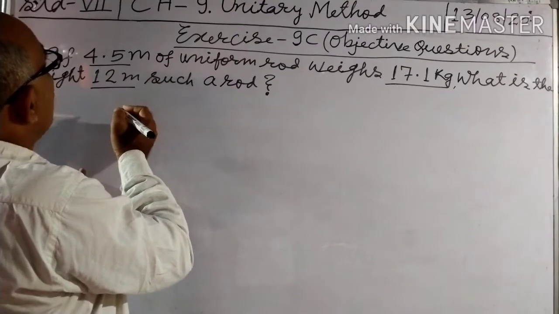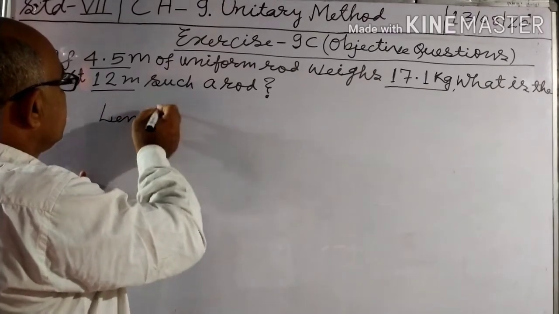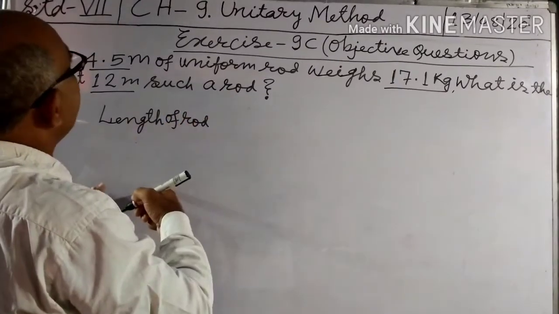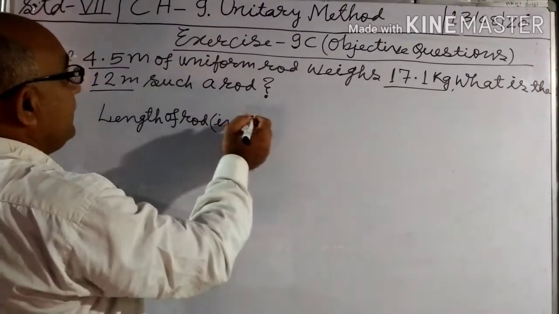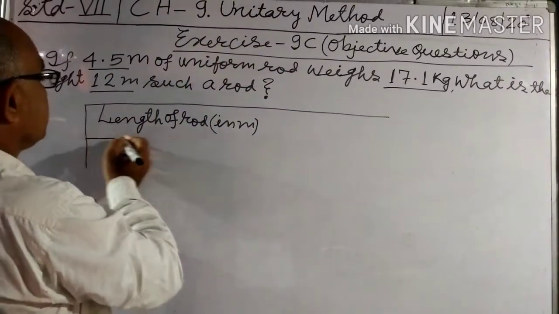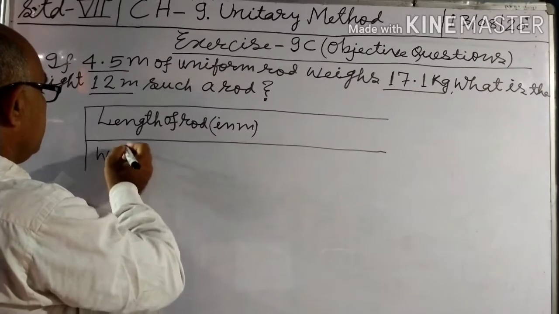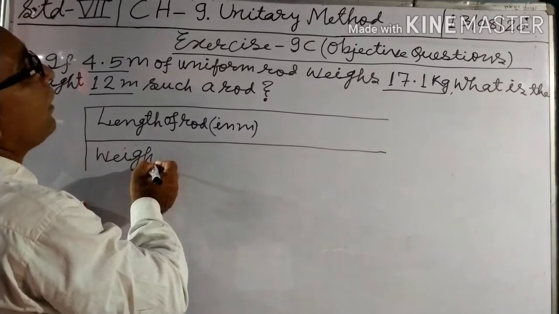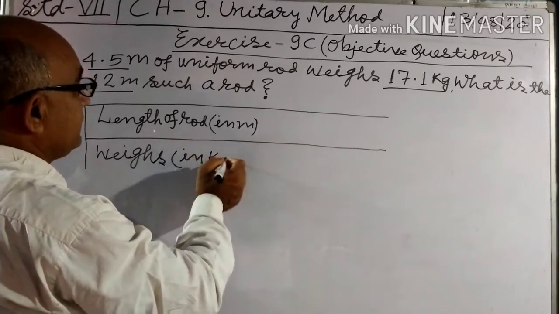So in the first column write length of rod in meter, and in the second column, weight in kg.